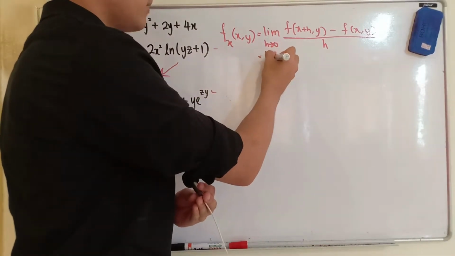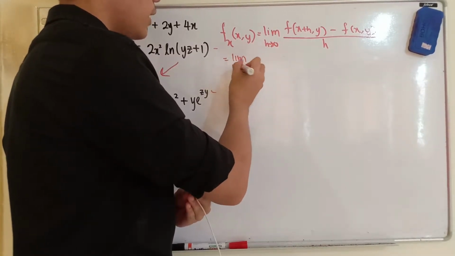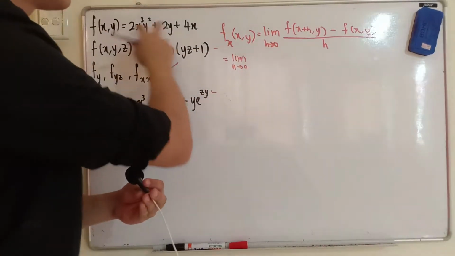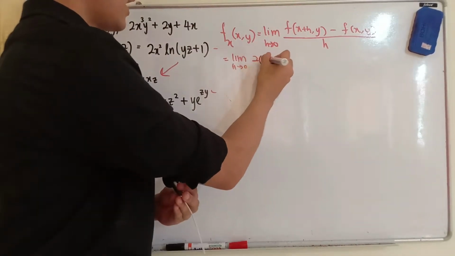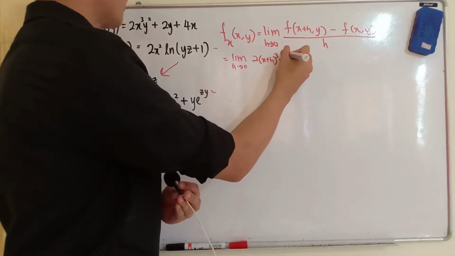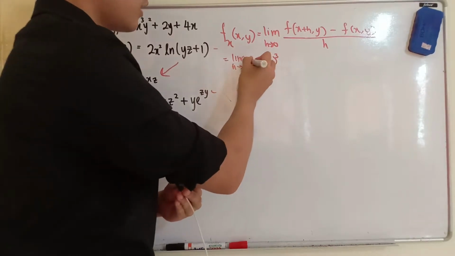So I just write here limit h approaching 0. What I have here is 2 times (x plus h) cubed and then y squared. This y squared and 2 I put together.